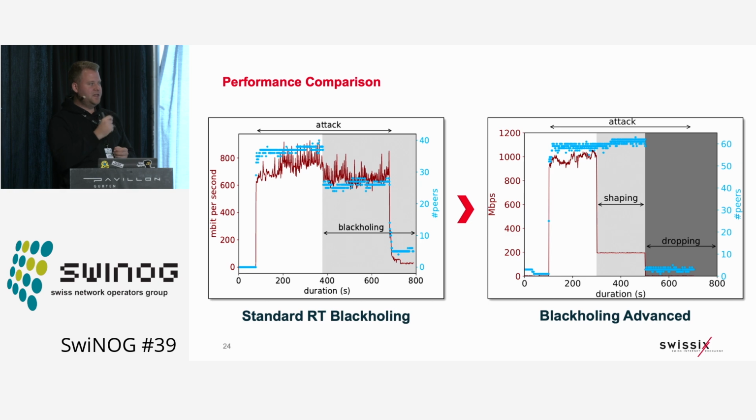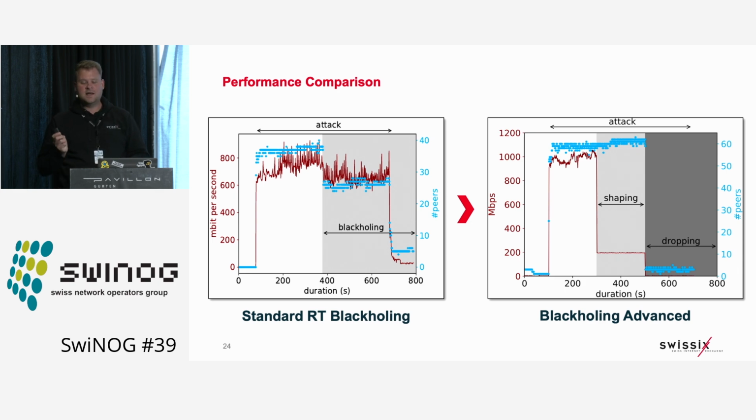So we used the BGP community to indicate traffic shaping of NTP traffic to 200 megabit in this example. So we wanted to test the shaping, and you can see that the traffic, the red line, is being shaped exactly at 200 meg. And then at the end, we also wanted to test the dropping functionality, and this is what you see at the very right side in the dark gray area. You can see that the red line goes down to 0 and no more traffic is forwarded.